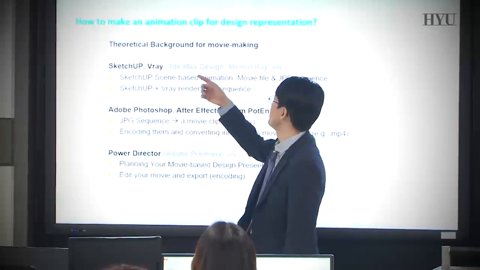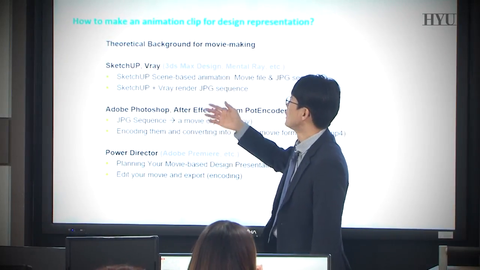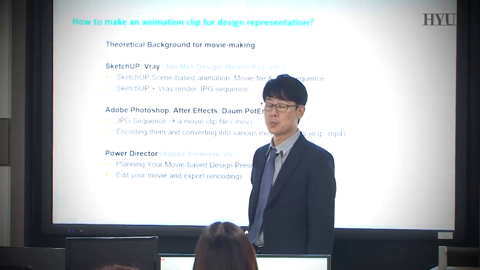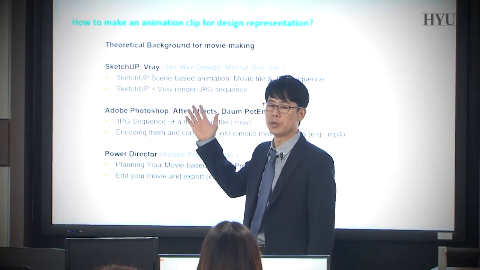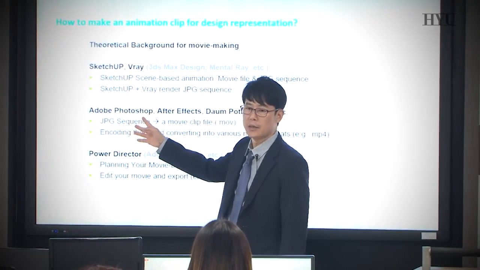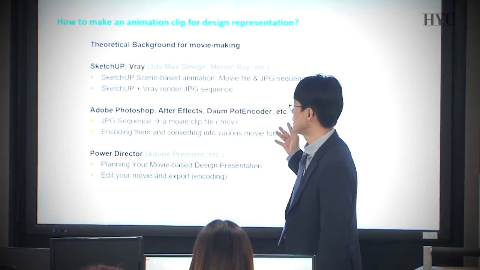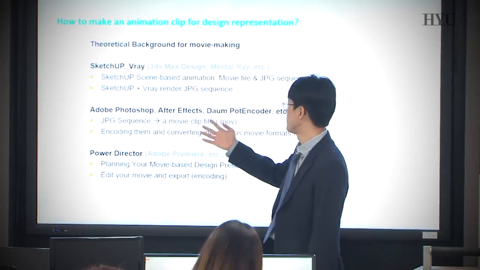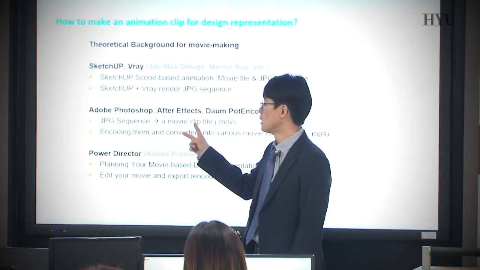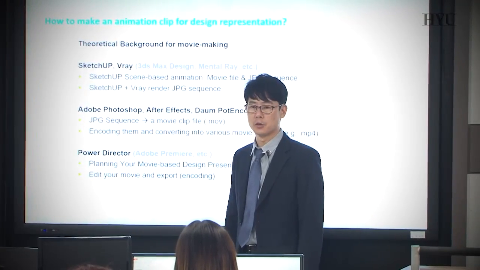SketchUp, V-Ray, Mental Ray, 3D Max, Rhino, Maya, any 3D application has specific technical features to create video animation. By using them, after creating video format files, Photoshop, After Effects, or a lot of utilities are in charge of editing your JPEG sequence.